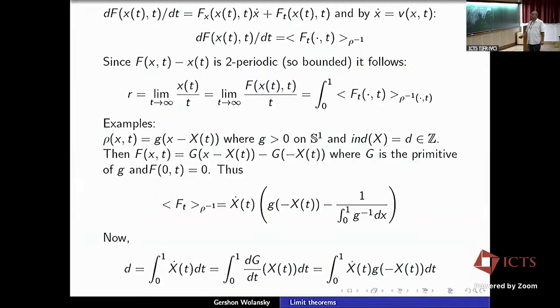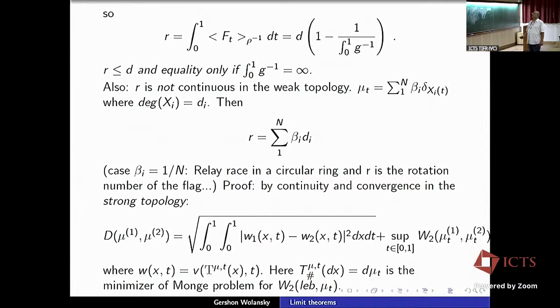But this is also the integral of the g dt, because g has a period 1 in x. So the integral of the g dt is just this integral.